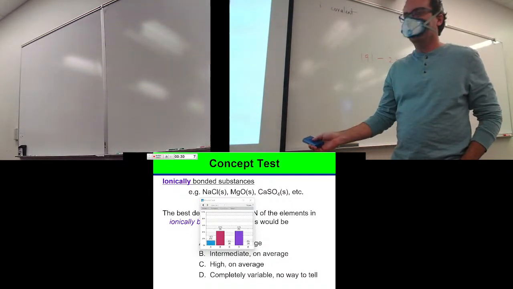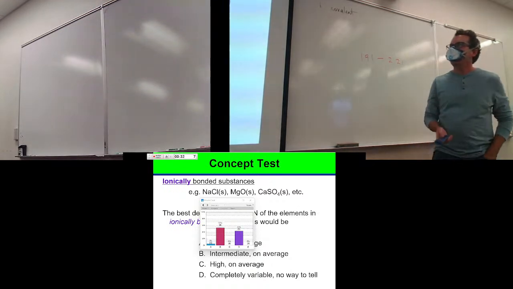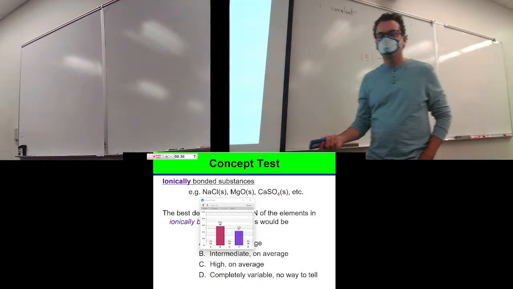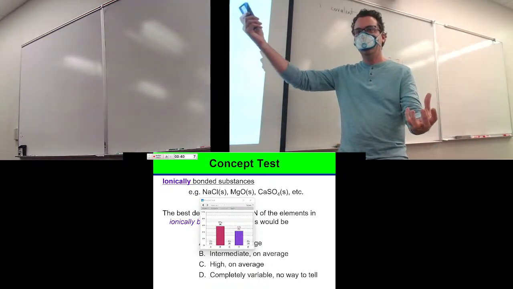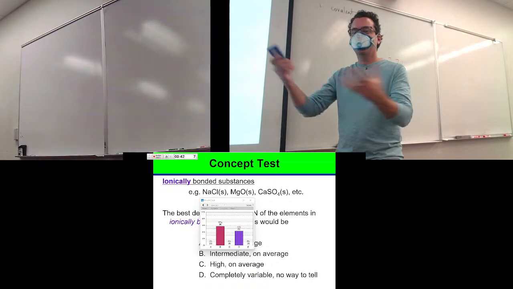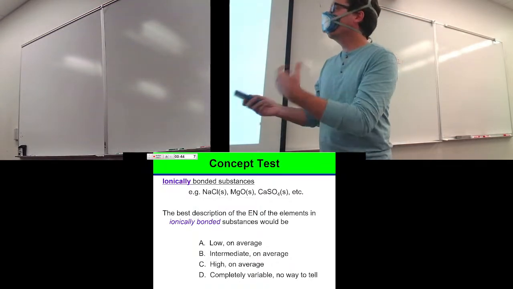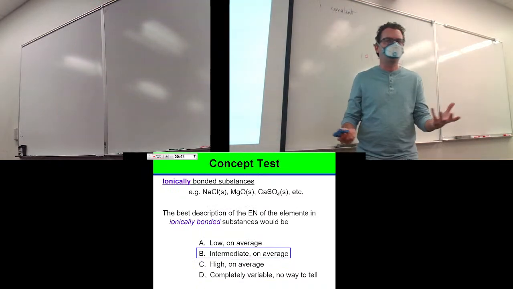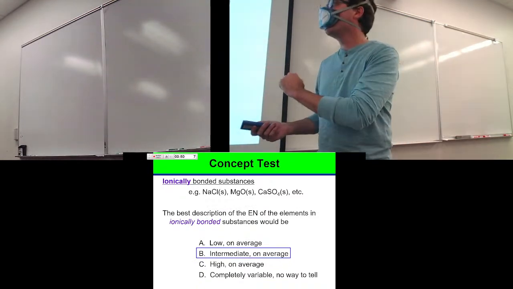Variable, kind of, in the sense that you're pairing a metal and a non-metal, and they're very different. But if I average them out, a low with a high, they'll average out to somewhere in the middle. So we're going for intermediate, middle range electronegativity on average.